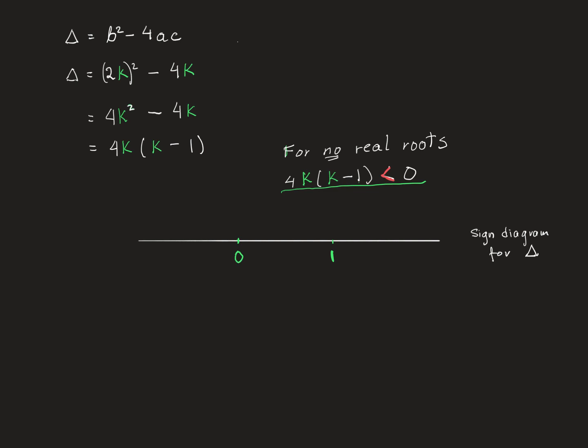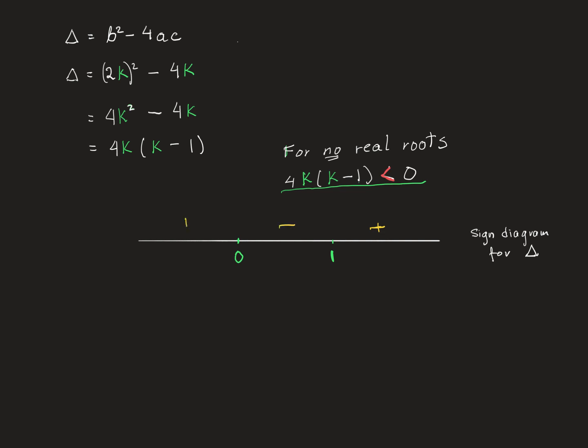And here you can see that if the values of k are greater than 1, for instance 2, and we substitute 2 in here, this will become a positive value. And similarly, if we choose a value between 0 and 1, we will actually get our negative value.